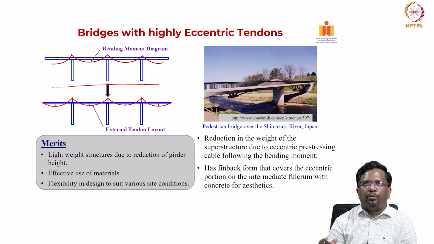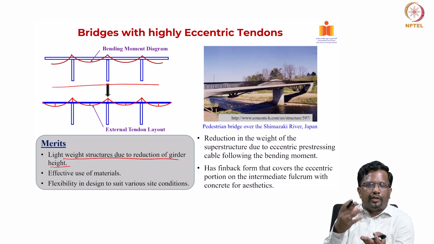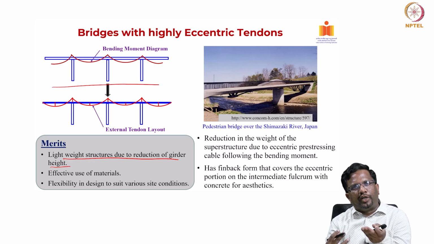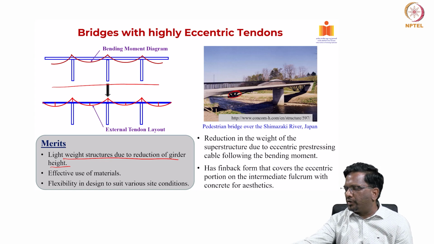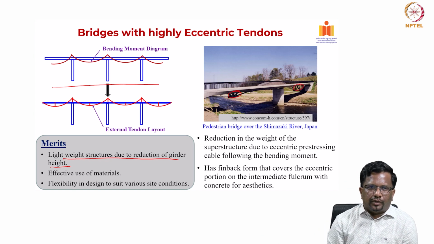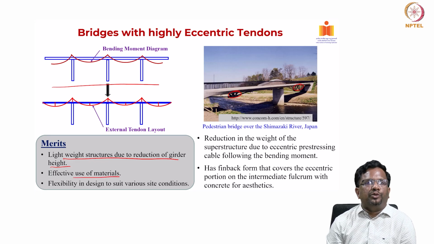If I am able to generate more eccentricity, then I can design a very lightweight structure due to reduction of the girder height, because now I can keep a small height and run the cable outside at a high eccentricity by creating these deviator blocks. Then you effectively use materials and there is flexibility in design to suit various site conditions.